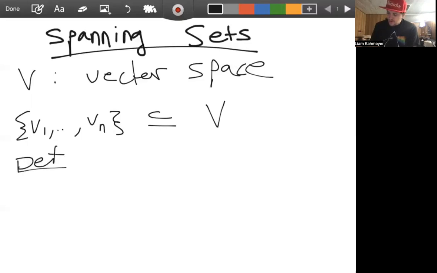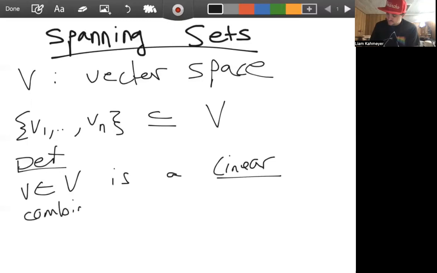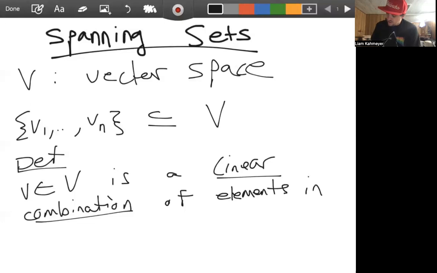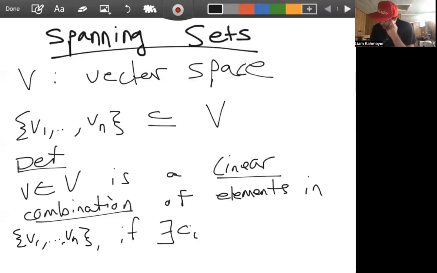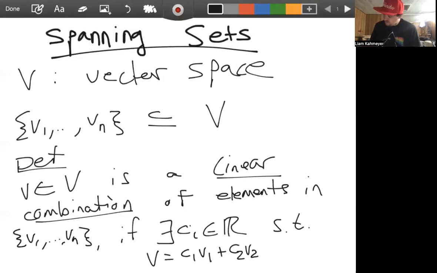And then recall this definition that for another vector v in capital V, this vector is a linear combination of elements in the set v1 through vn if there exist, say, constants or scalars ci, these are real valued, such that we can write v as c1 v1 plus c2 v2 plus et cetera, plus cn vn, right?